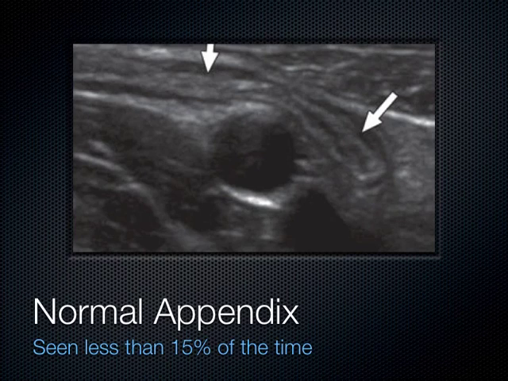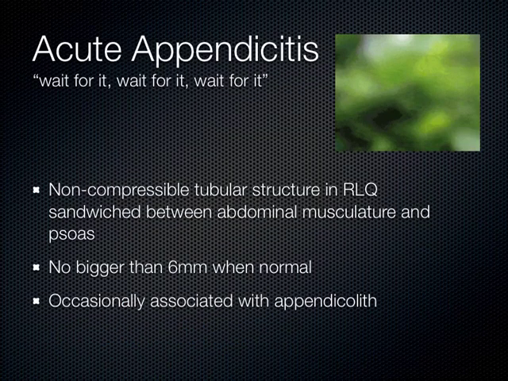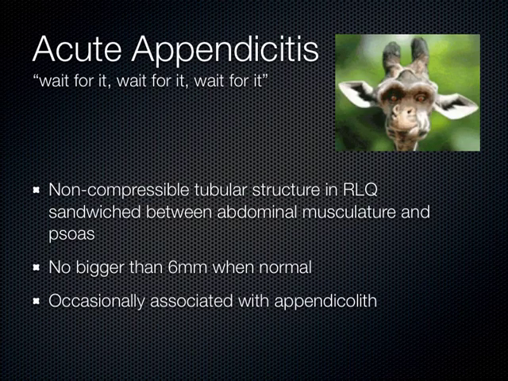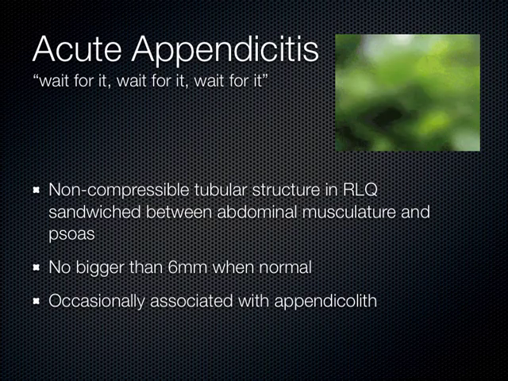Now, when you look for the appendix, what you're doing is searching around for that non-compressible tubular structure in the right lower quadrant that gets sandwiched between the abdominal musculature and the psoas muscle. You're kind of waiting for it, and all of a sudden you get lucky and it pops its head out at you. And then as fast as it does that, it's gone again. And you end up like, whoa, wait, did I just see it?